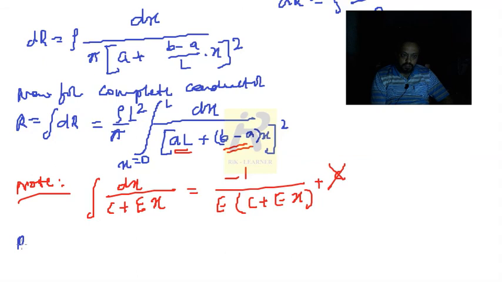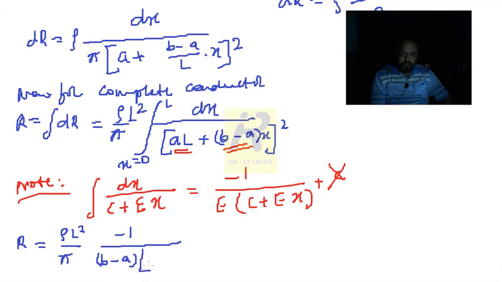That is R is equal to rho L square divided by pi, and the result of this integration is minus 1 divided by (b minus a), and inside bracket, c plus ex, which is a into L plus (b minus a) into x.